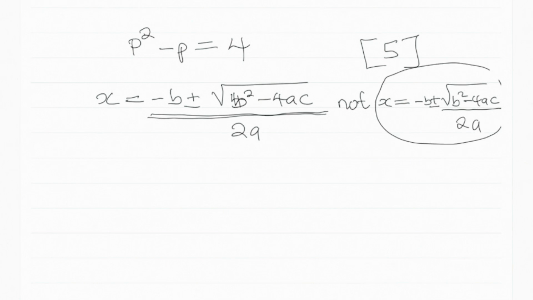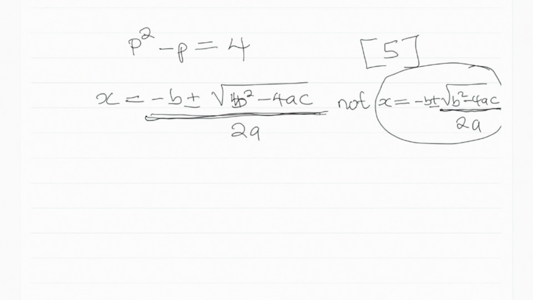This is not the correct formula. And once you use this formula in your final exam, you'll be penalized for not using the correct formula. What's the difference? The difference is the division line. This division line ends at the beginning of the square root sign. The division line in the first place ends at where the equal sign starts.